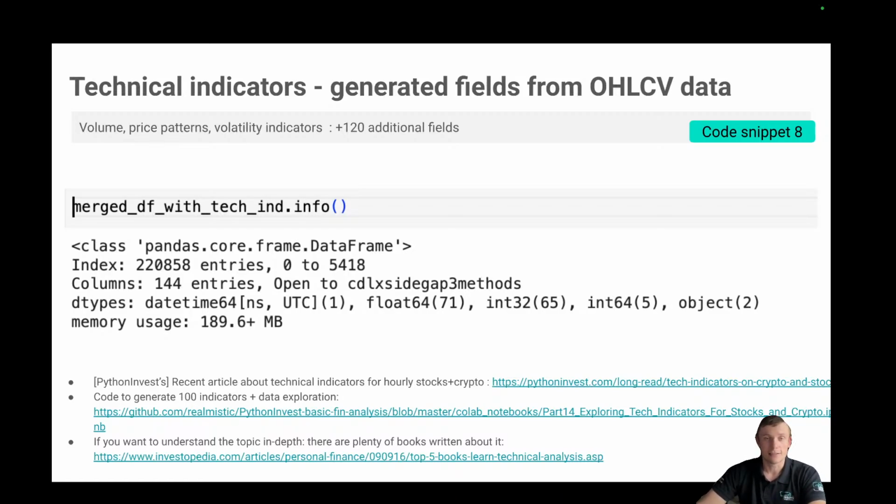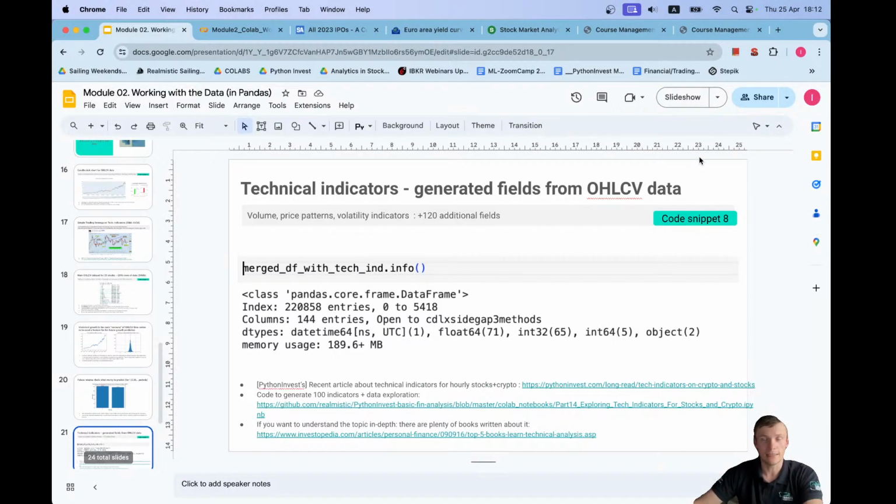And others prefer analyzing fundamental indicators. You can select either strategy or combine them both. But here I will show you how to generate 120 additional fields using the TA-Lib library.